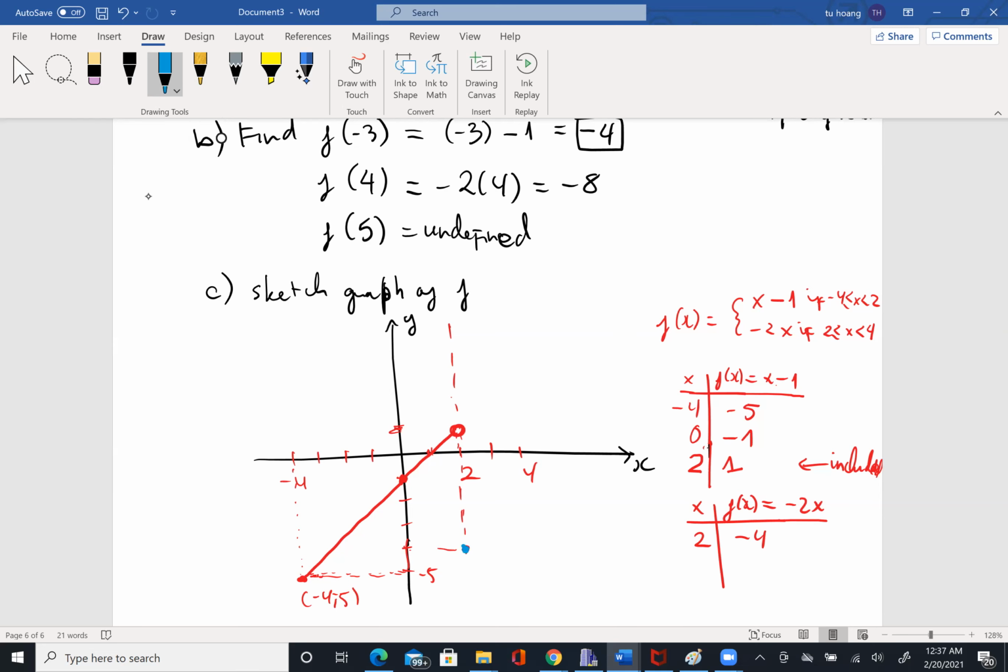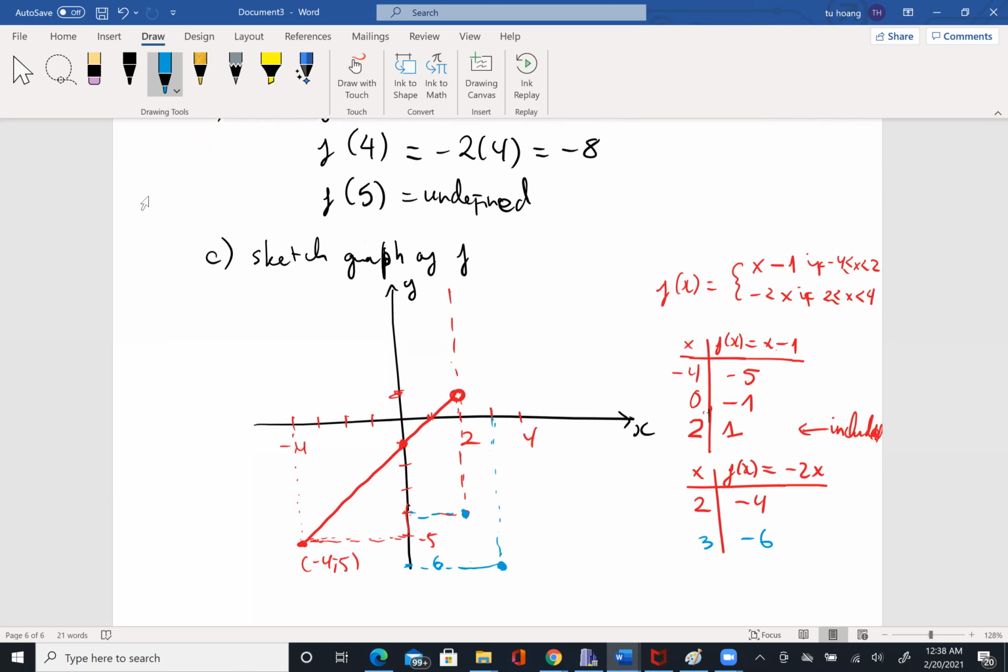All right. What else? I'm gonna choose 3. See what happens? So 3 times negative 2 is gonna be negative 6. So I put negative 6. And then I have 3 and negative 6, and it's here. Okay.